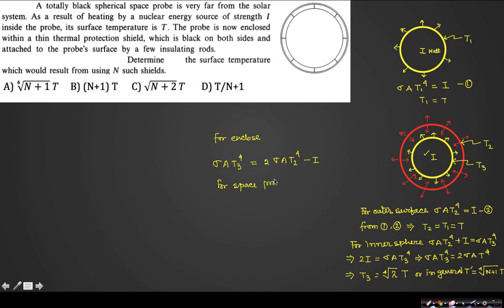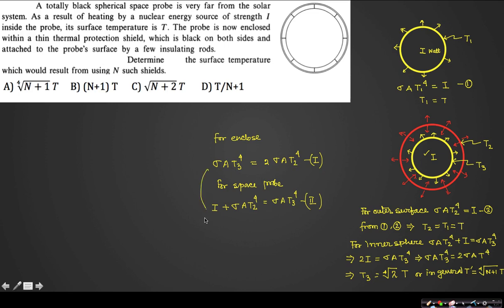For the space probe, you can see that the incoming power is I plus sigma A T2^4, and this is equal to sigma A T3^4. That equation we have already written here, right? Now if you solve these two equations, this is equation number 1, so sigma A T3^4 is 2 sigma A T2^4.